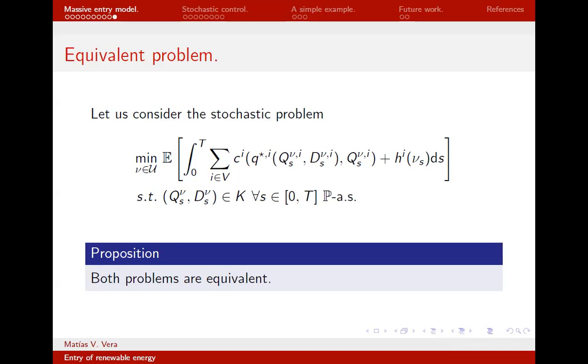And for this problem, we expect to have a Hamilton-Jacobi-Bellman equation close to the one we got before. Okay? So actually, this is something we got before going to the Hamilton-Jacobi-Bellman equation.